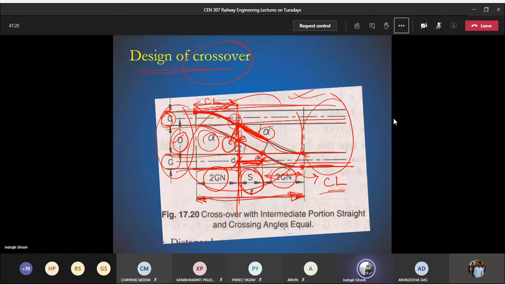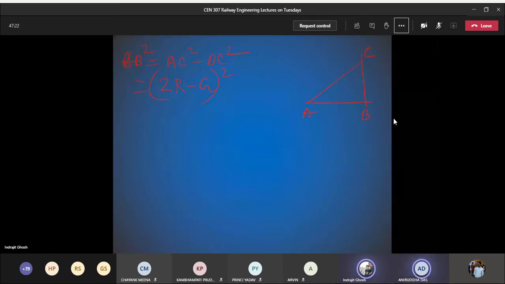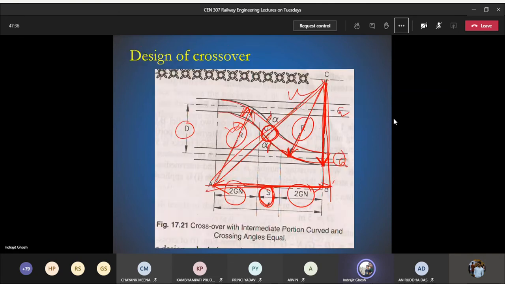How much is it going to come? 2R minus G minus D. Correct, absolutely correct. So 2R minus G minus D. Okay, see the diagram once again, you will be able to see. This is D. So 2R, then we are removing G and then D, then we will get BC.